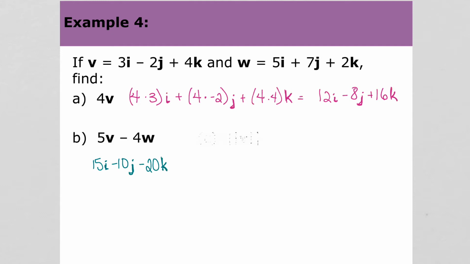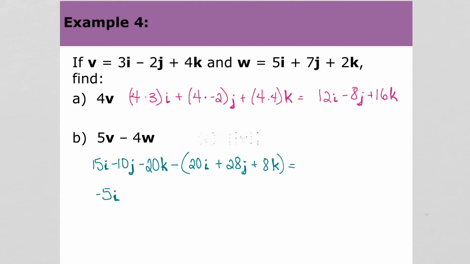Okay, so now we've got minus 4 times w. So 4 times 5 is 20i, 4 times 7 is 28j, and 4 times 2 is 8k. 15 minus 20 is negative 5i.